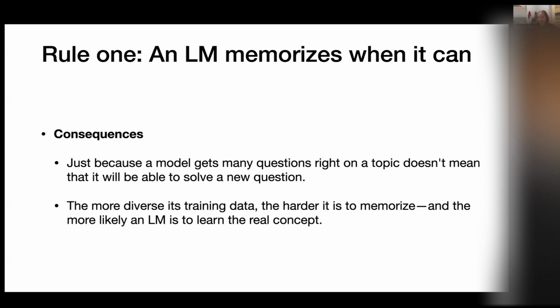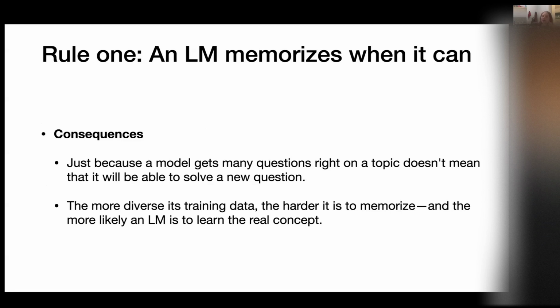You can't hand it a calculus exam, right? Because rule one: they memorize whenever they can, which means just because the model gets one thing right, it doesn't mean that it's going to get the next question right if it hasn't seen it before. And we're going to talk about this a little more.